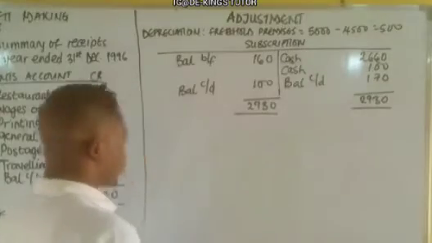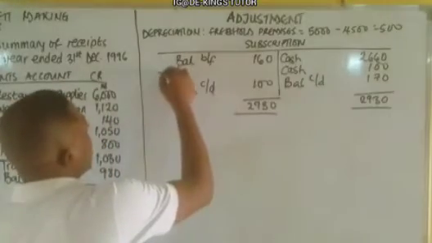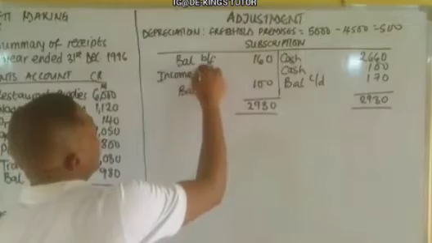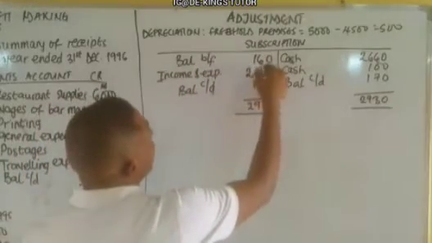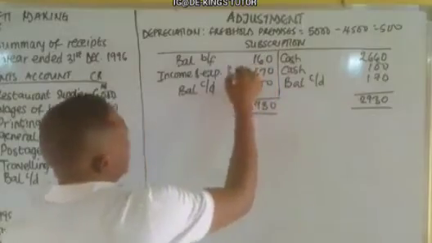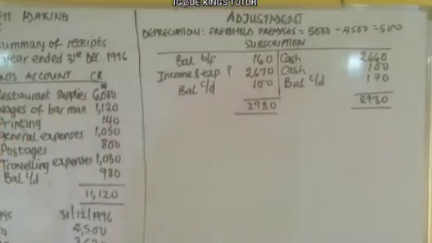So what we go to the income and expenditure is 2670. That is the reason for preparing this. Okay, so that's for subscription.